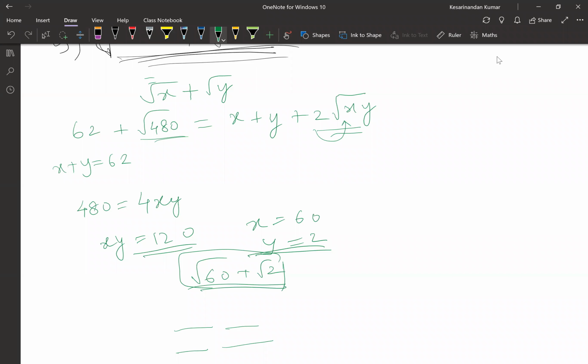Does it matter? The person is still the same. 2 plus 5 is equal to 5 plus 2. It's addition, right? So it doesn't matter whichever way you take. Everybody clear with this part? Anybody any doubts? Please type in the chat box if it is clear. This is quite an important part.